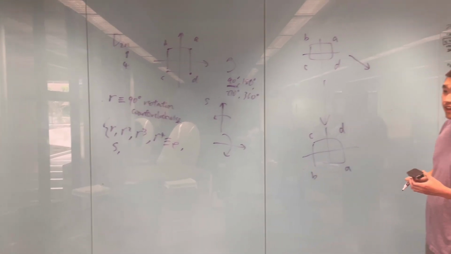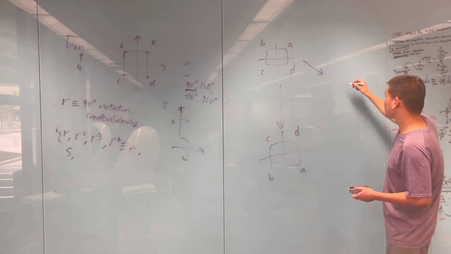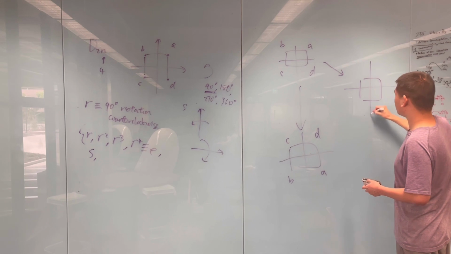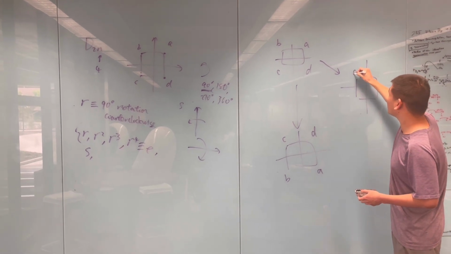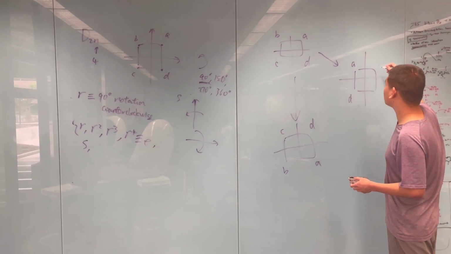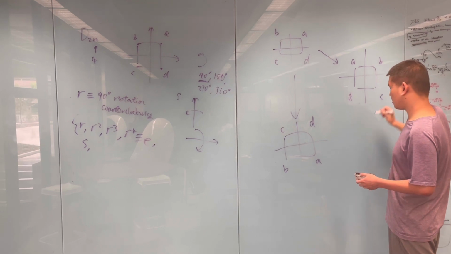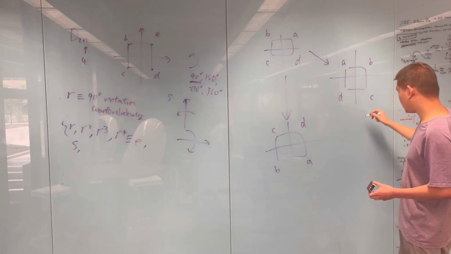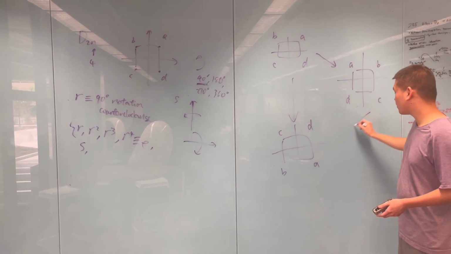First, we can do a reflection across the y-axis. That gives us A, D, C. And then we simply need to do a 180-degree rotation.